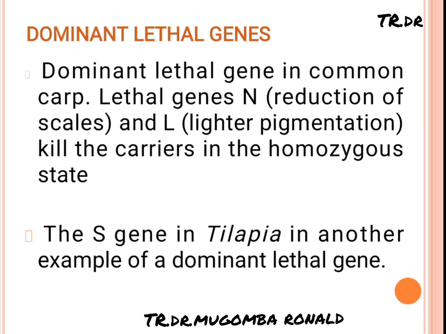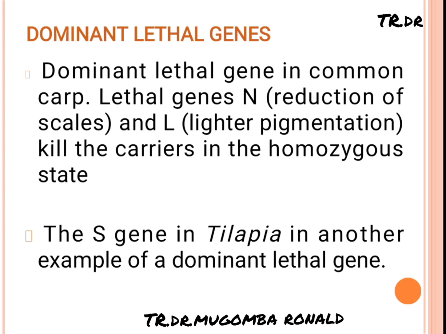Ask yourself a question: I'm ending up with a 2-to-1 phenotypic ratio. This one is giving me a total of 3, yet I'm expecting a total of 4. A 2-to-1 phenotypic ratio is showing us that one of them, which would have made it 3-to-1, died during embryonic development.